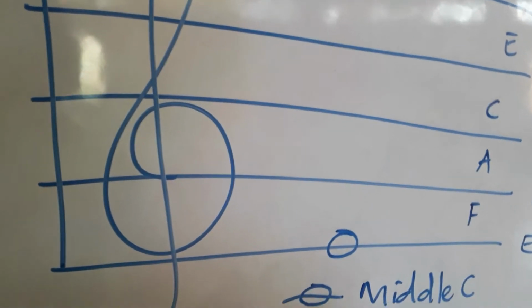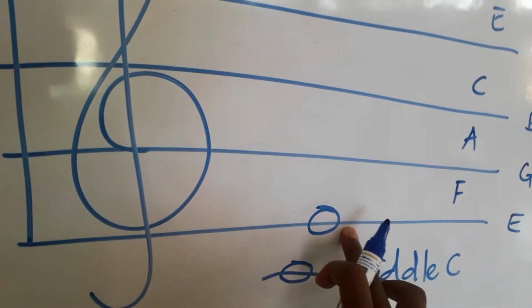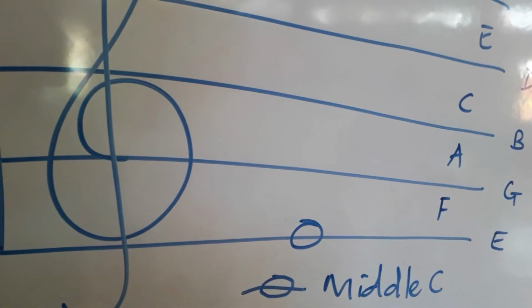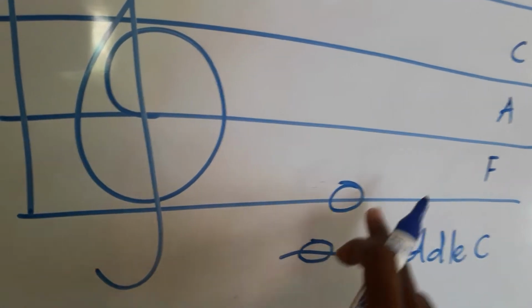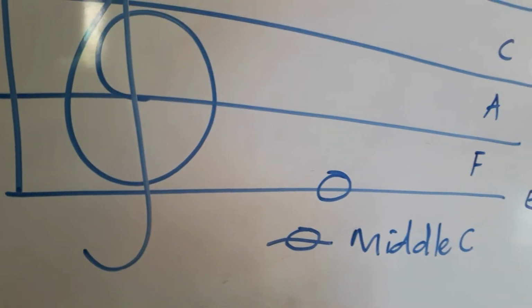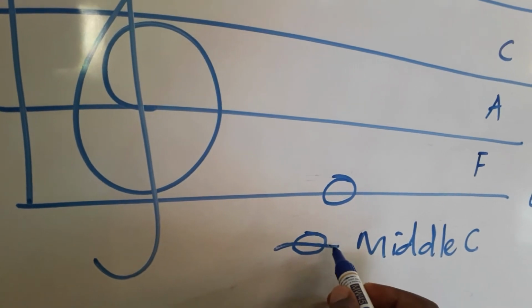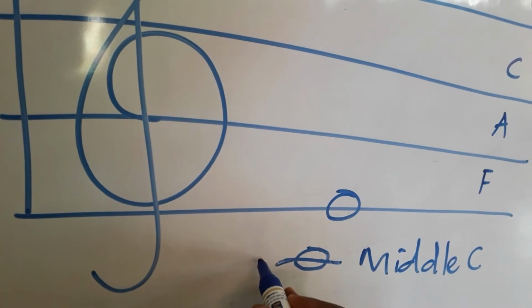So what is the interval between this middle C note and the note on E? We will do the same thing that we did on the piano. We will calculate the number of steps from this point to this point. The note on the middle C will be our note number 1.